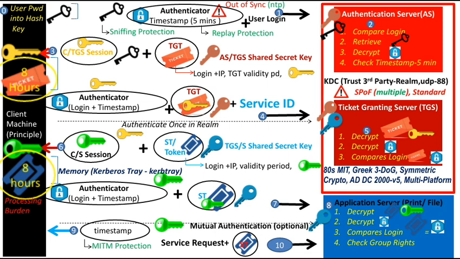Moreover, the authenticator timestamp is only valid for 5 minutes, and if the NTP is out of sync, or the time of the client machine is out of sync with the KDC, then the authenticator gets rejected by the authentication server.